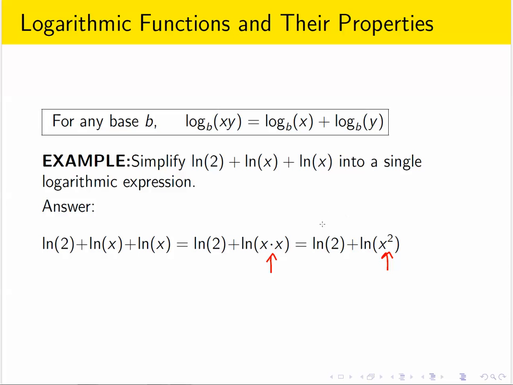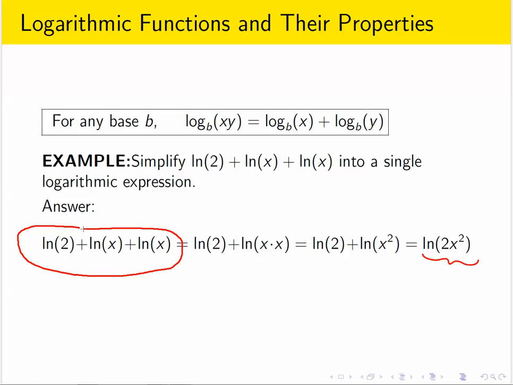Now I've got two logarithms added together, just like this, and I can combine those by multiplying these arguments together. 2 and x squared multiplied together just gives me 2x squared. So this is a single logarithmic expression: one logarithm to represent the same value that could also be represented by adding these three logarithms together.